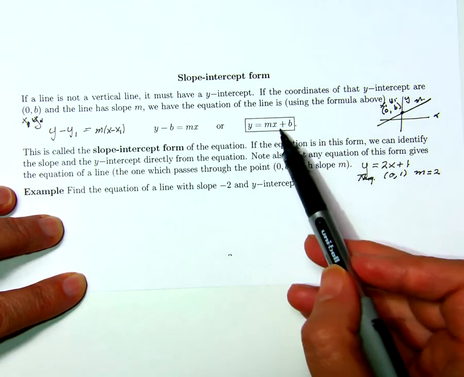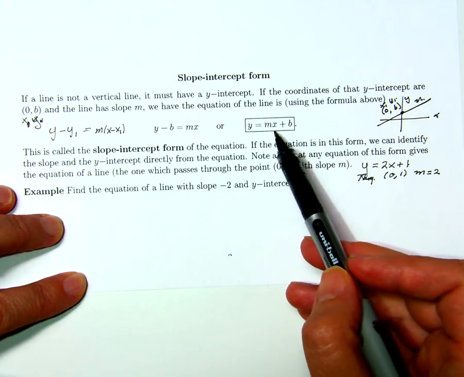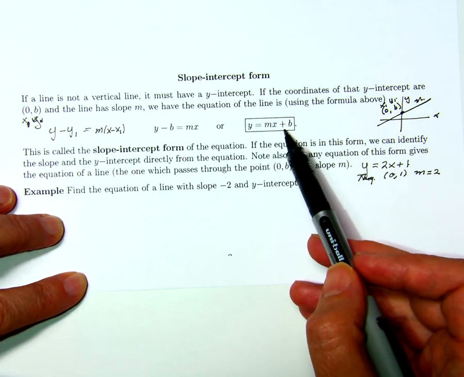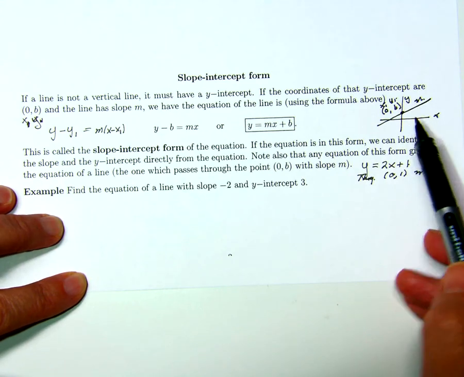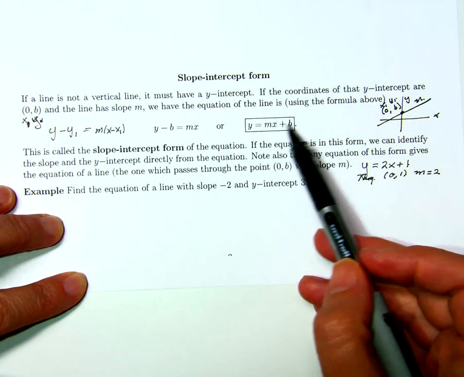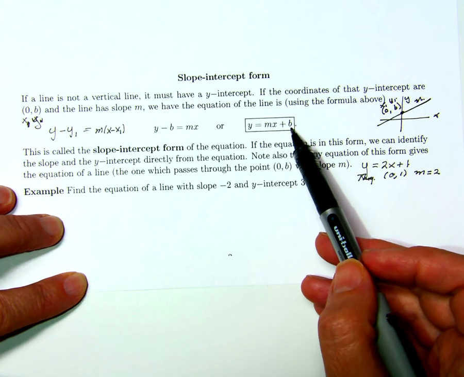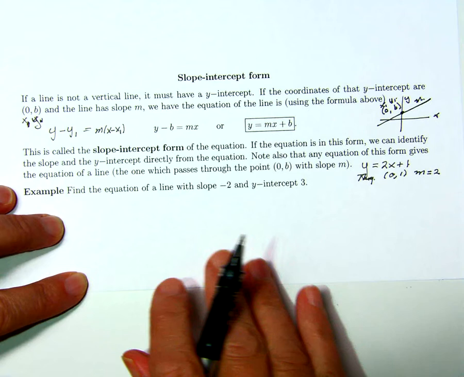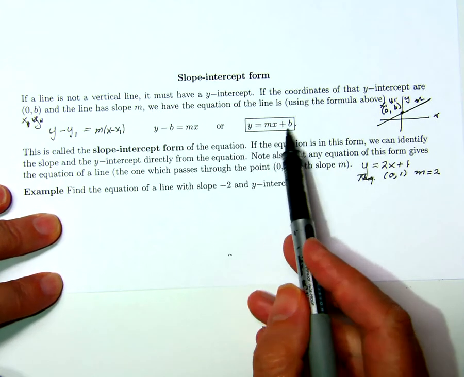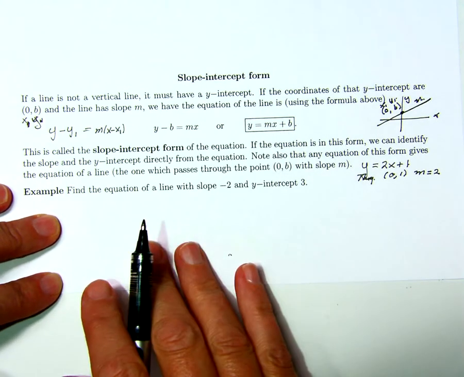So any equation that looks like this is the equation of a line, and any line which is not parallel to the y-axis, which is not vertical, has an equation that looks like this. So lots of lines have an equation that looks like this, and anytime you see an equation that looks like this, you know its graph is a line.